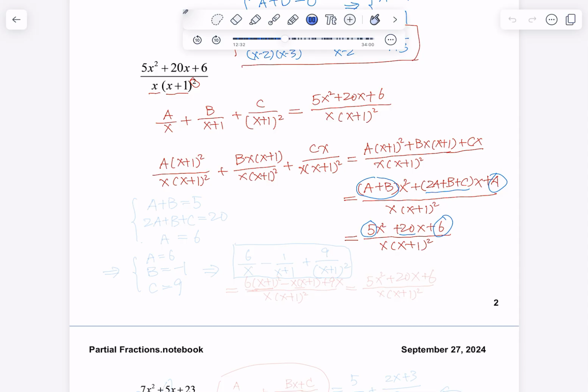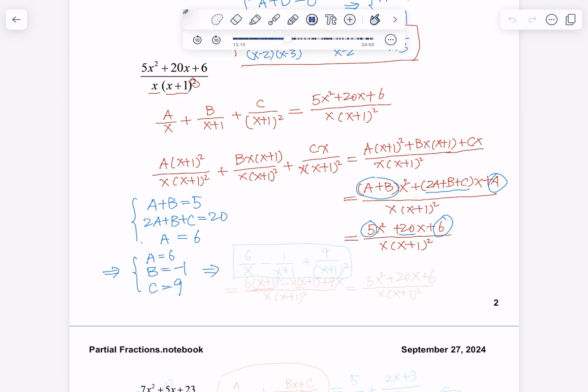The same as the last example, we arrived at these linear equations for a, b, c, that is a plus b must be 5, and 2a plus b plus c must be 20, and a must be 6. You solve these equations, you will get a equals 6, then b equals minus 1, and c must be 9.